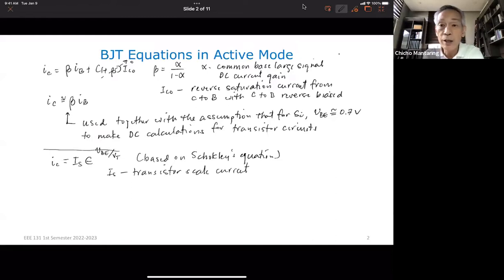The reason why it's called the transistor scale current is because I sub s depends on the dimensions of the transistor. And this is also very, very small. I sub s typically would be anywhere from 10 to the minus 12 amperes to 10 to the minus 18 amperes.